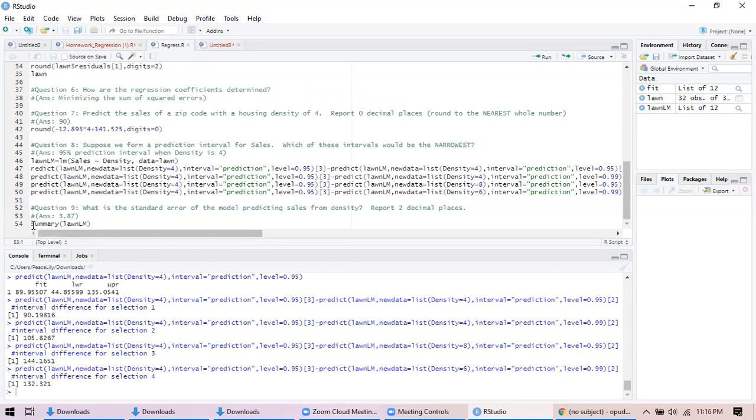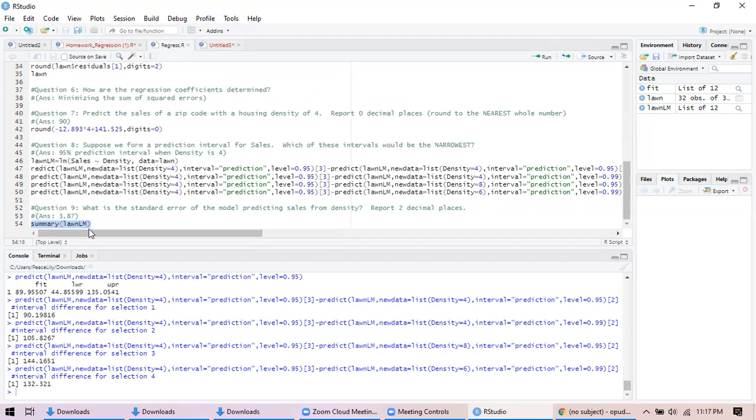What is this one asking us? It asks what is the standard error of the model predicting sales from density. I don't know how you got the answer.